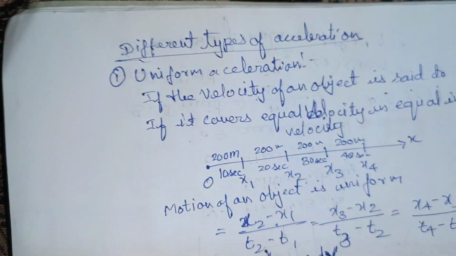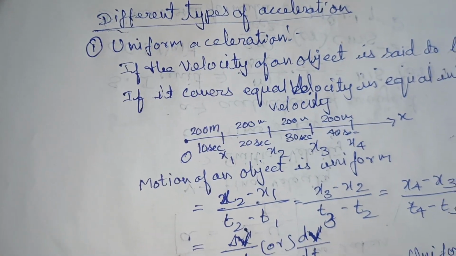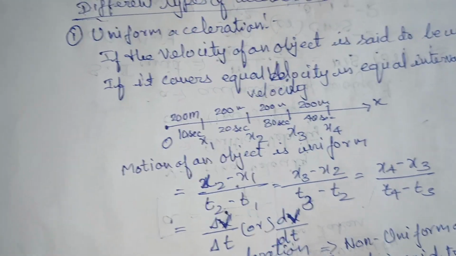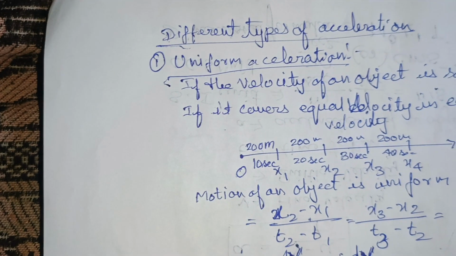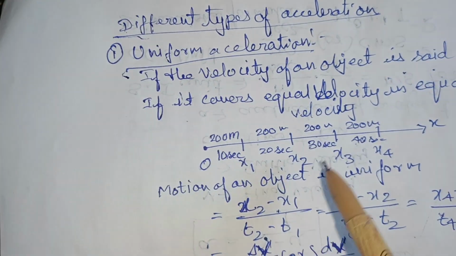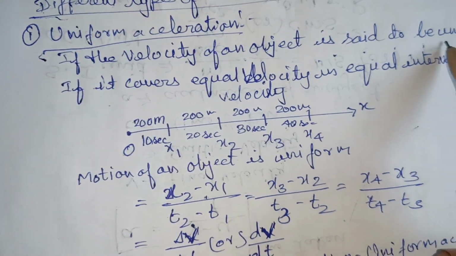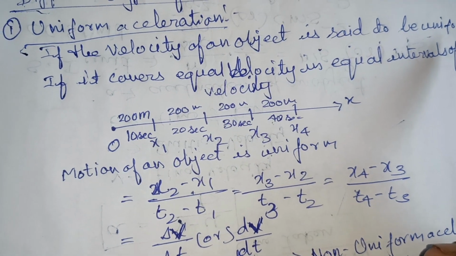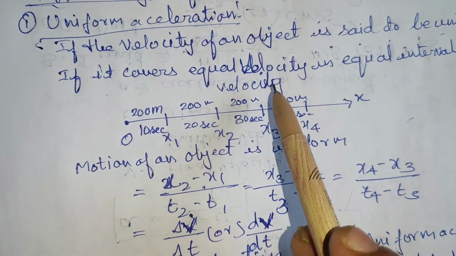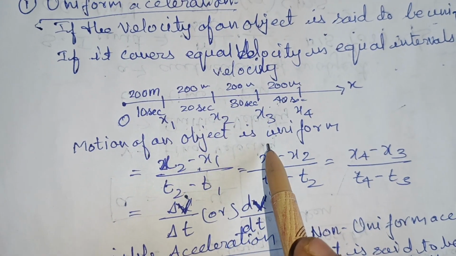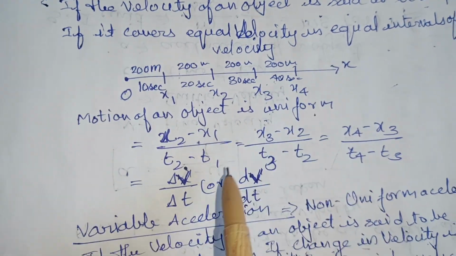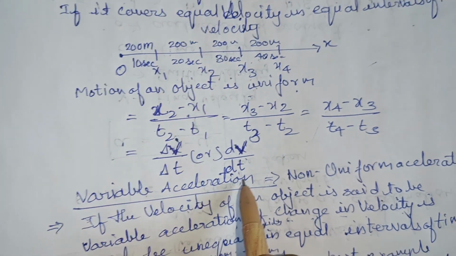Let us brush up the points related to different types of acceleration. The very first point we have discussed is uniform acceleration. The motion of an object is said to have uniform acceleration if it covers equal change in velocity in equal intervals of time. The equation is dv by dt.